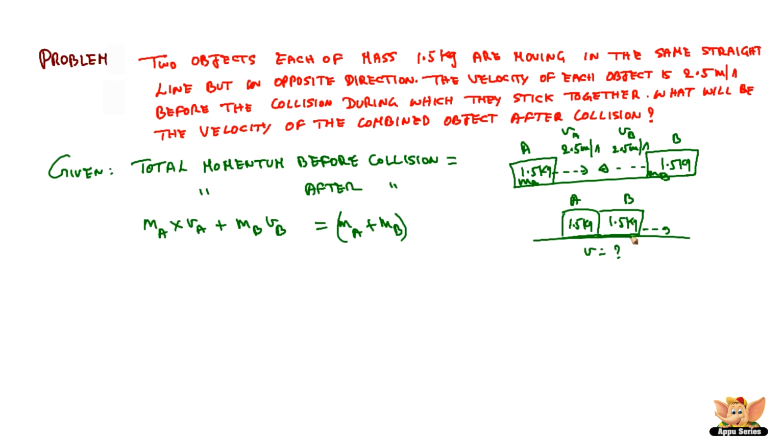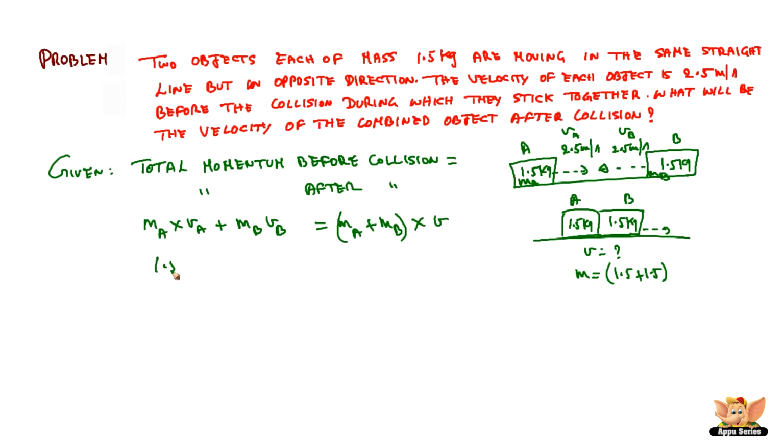Since they are stuck together, the mass becomes ma plus mb. So m becomes 1.5 plus 1.5, so ma plus mb into the velocity. Since they are stuck together and the velocity is the same, we call it v.